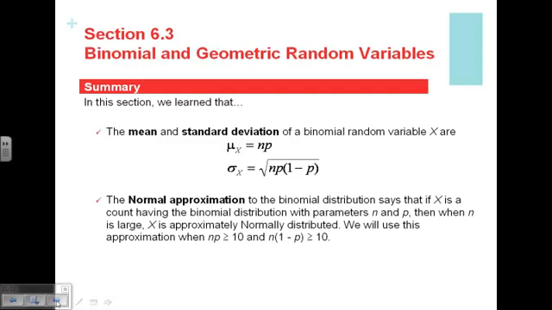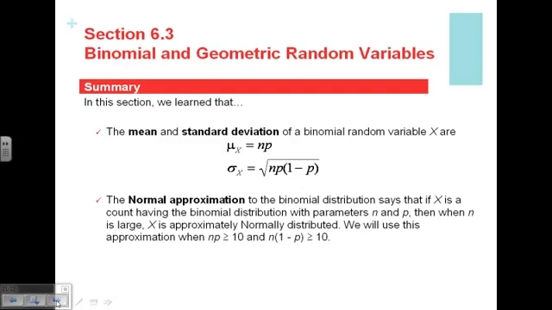Please recall that if you expect at least 10 successes and at least 10 failures in a binomial situation, you may approximate the binomial distribution by using the normal distribution.